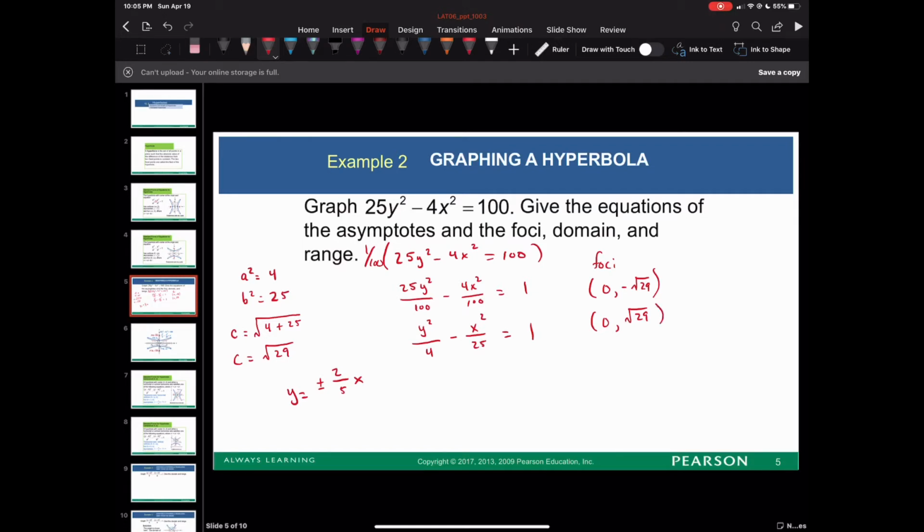Now, what else do we need? What about our vertices? So we go ahead and get our vertices. The transverse axis is on the y-axis, so we're going to do (0, a), which is (0, 2), and (0, negative 2).